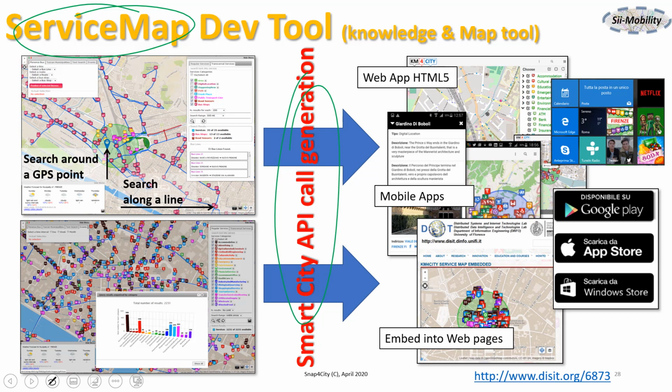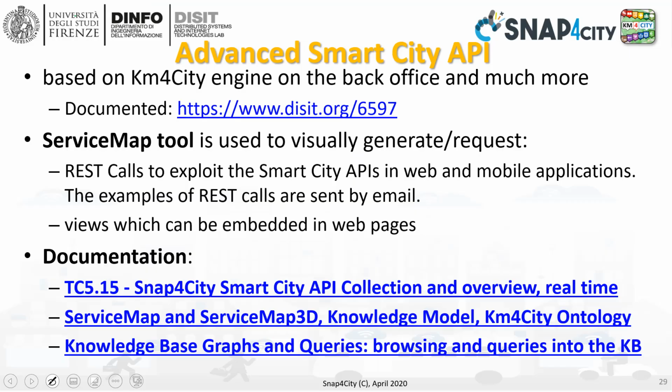It's the knowledge-base tool available on the left side menu. So you can access the knowledge-base tool to make a query, and every time that you make a visual query of your system, you can ask Snap4City and the Service Map to send you an email with the instructions that could be used to perform the same visual query that you have done on Service Map in a programmatic manner.